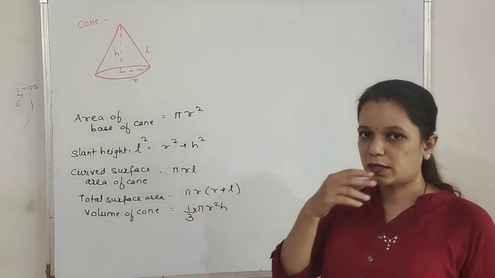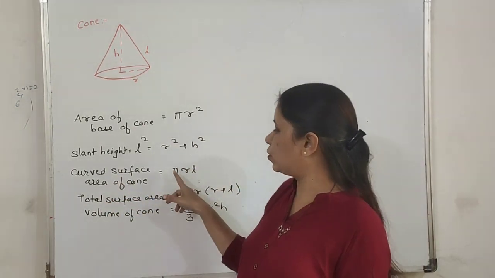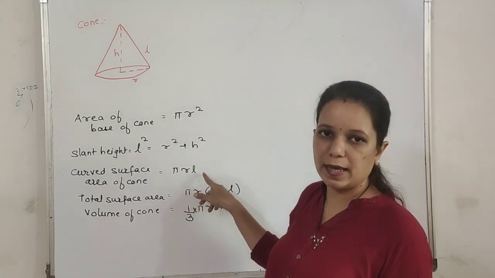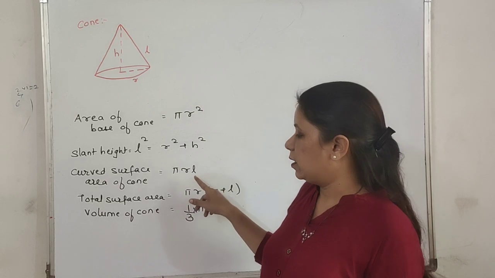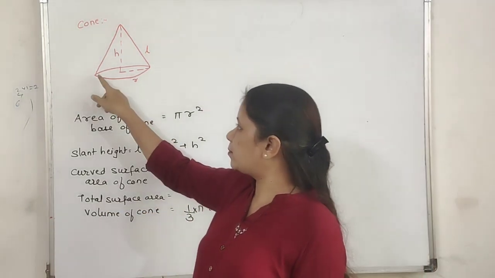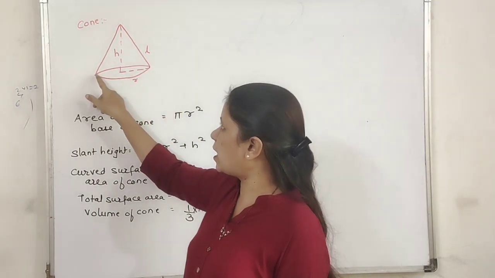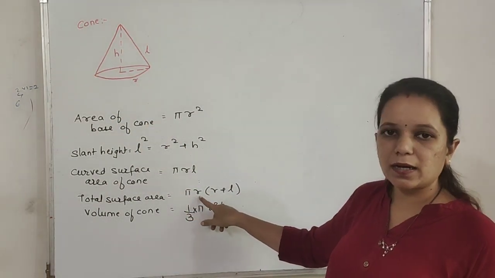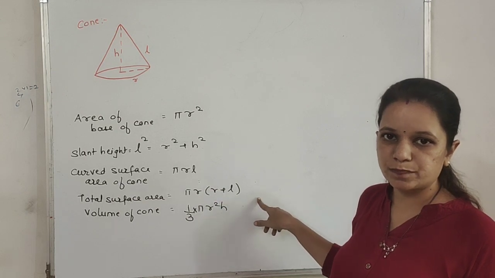The curved surface area of the cone is given as pi r L. Then total surface area of the cone. Total surface area means curved surface area plus this area. So it will be pi r (r plus L).